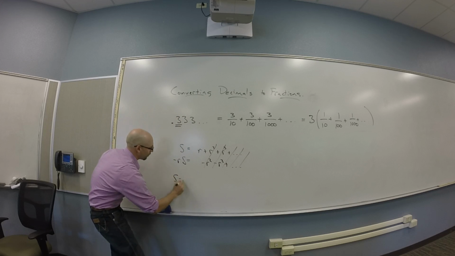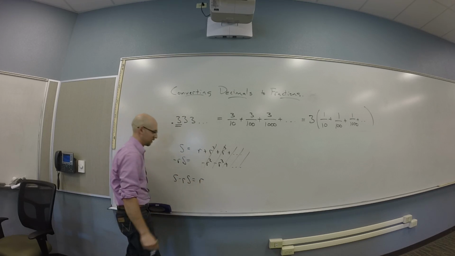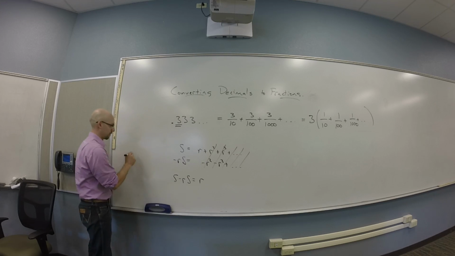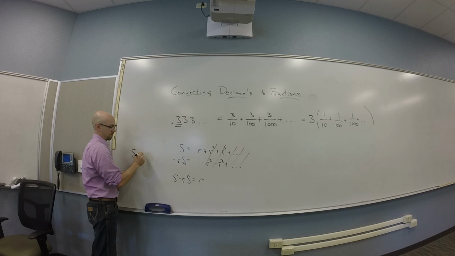And so I'll get s minus rs is r. So what's s? It's r over 1 minus r.